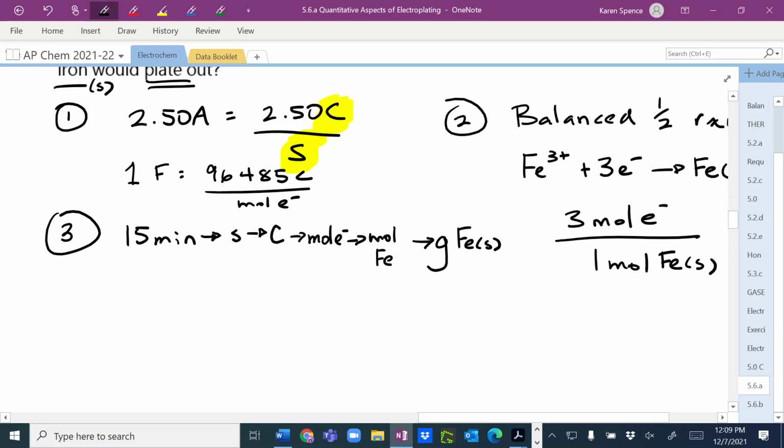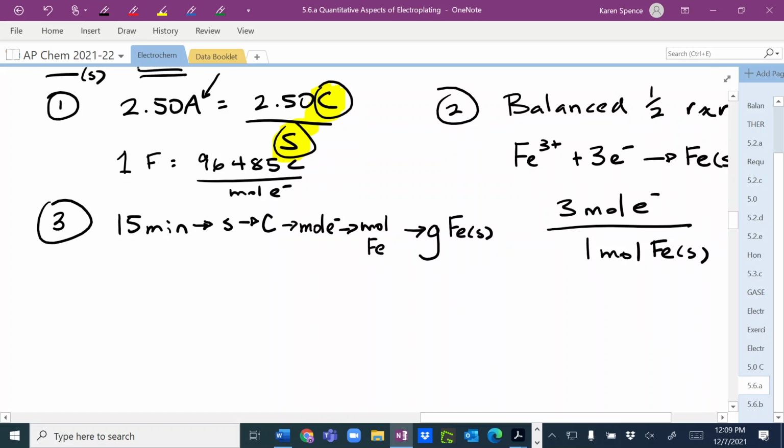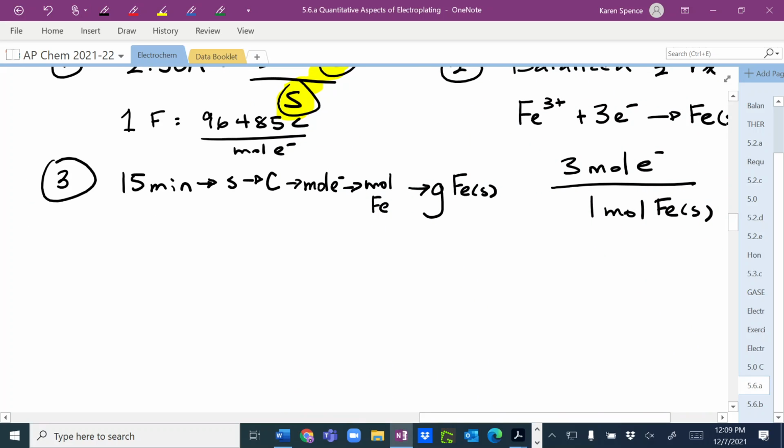So just remember, write out your amperes as coulombs per second. Maybe even write out Faraday's constant so that you know that it's there for you as a conversion factor. And then you just do this conversion. So what would that look like? We would have how many grams of iron? We don't know.